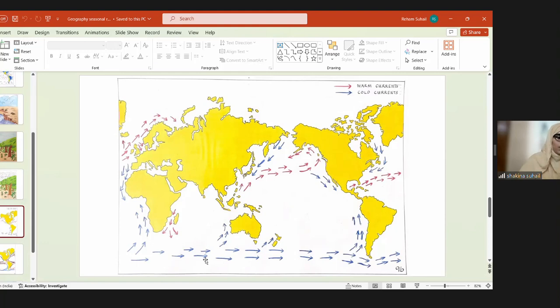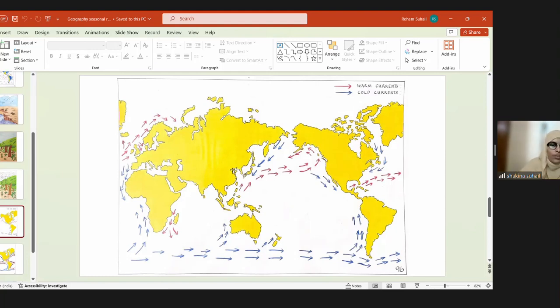Let's talk about the arrows in the Pacific. Some currents are blowing down from North America and blow towards Alaska. Here, some currents are blowing towards North America and towards Alaska.